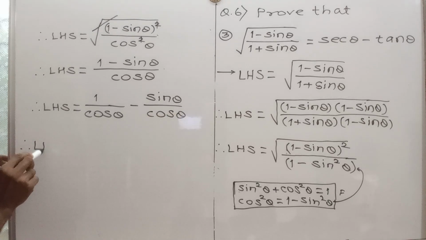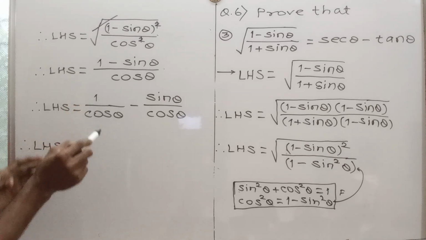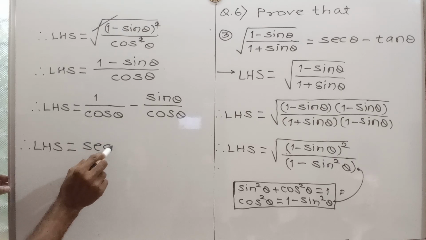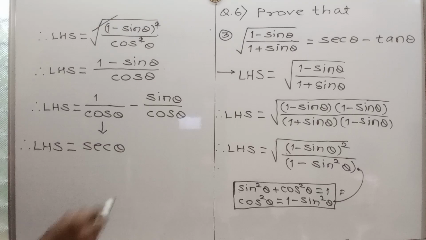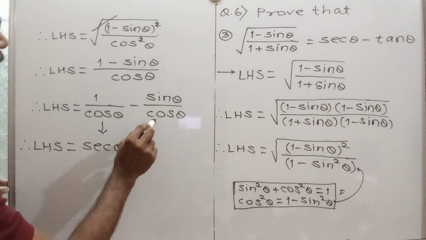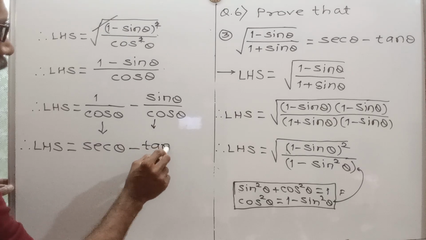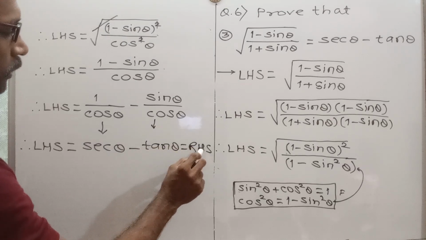Therefore LHS is equal to, as I have given the formula, 1 upon cos theta is sec theta, and sin theta upon cos theta is tan theta. This is our RHS.